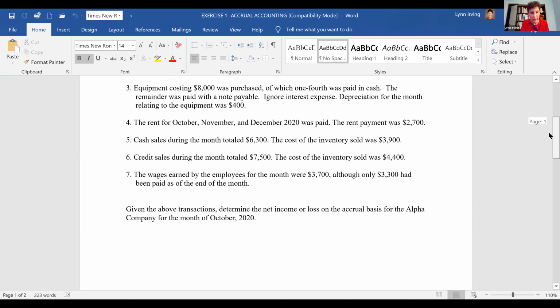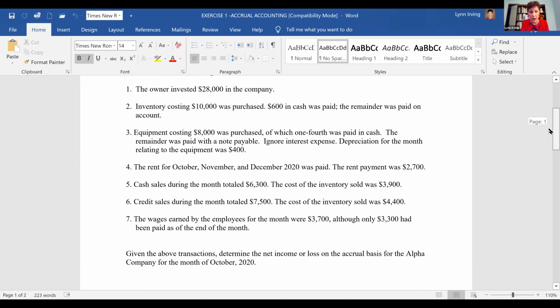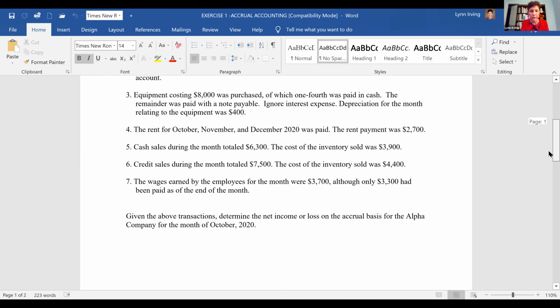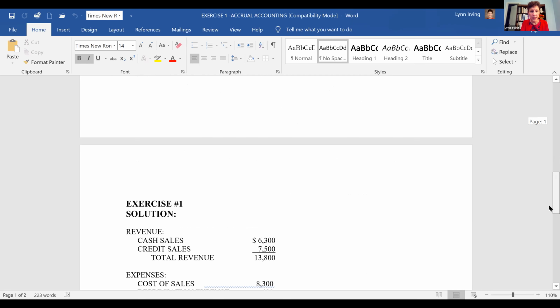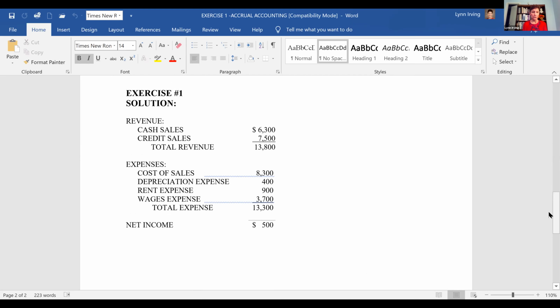Okay, so let me move down here. Based on those 7 transactions, I want to determine what I would show on my income statement for the month of October using accrual accounting. If we had more time, we could play around with this, but I'm going to cut to the chase here. This is what my income statement would look like. There's my cash sales and my credit sales, and I've got 13.8, right?